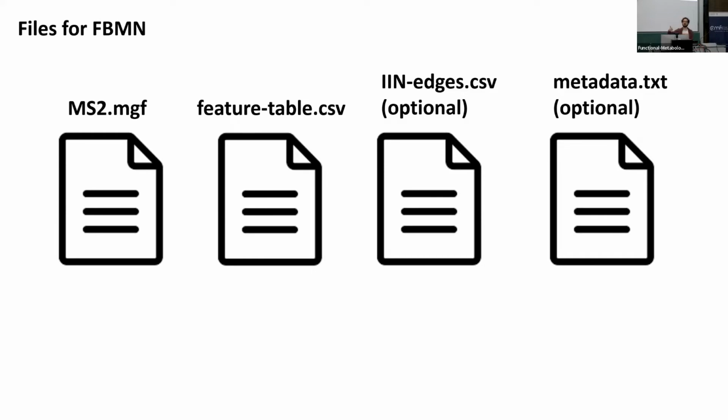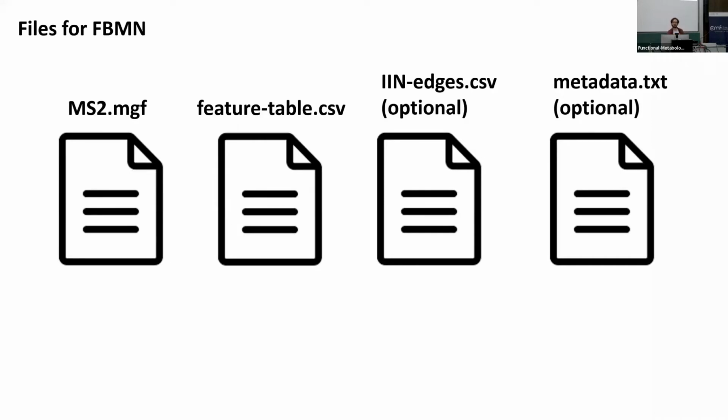Each feature that has an MS2 was exported and has one MS2 fragmentation spectrum in the MGF. Then we have the feature table, which is just a CSV with the area of each feature in each sample. And we submitted the metadata text file, which is just the sample grouping, so that we can do some statistical analysis later on.